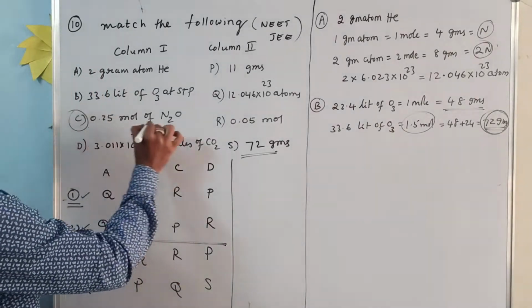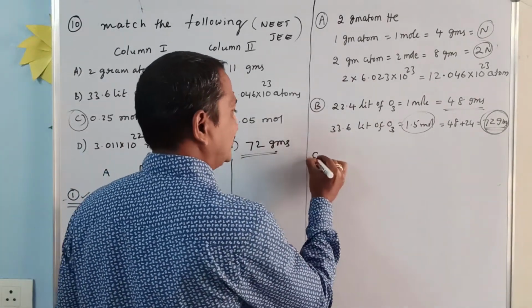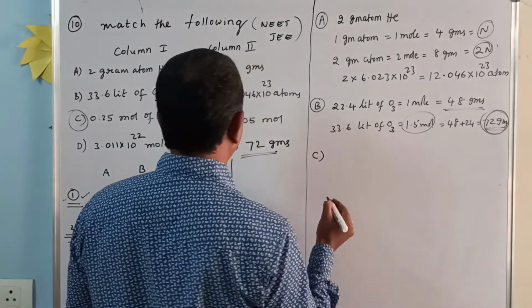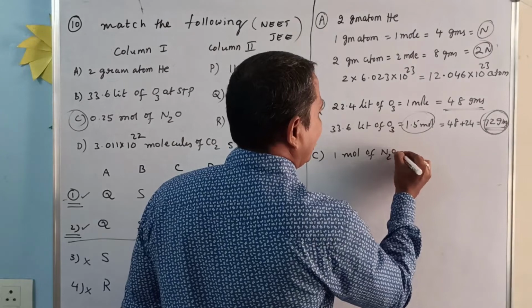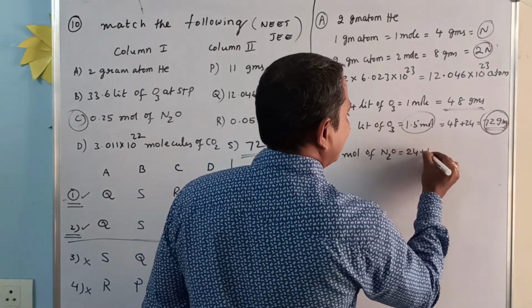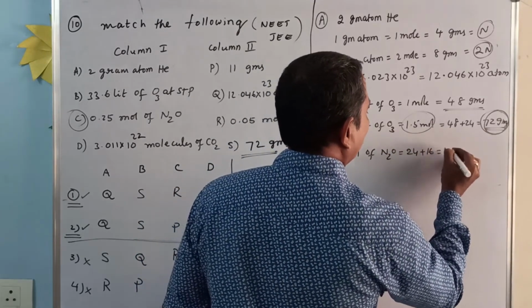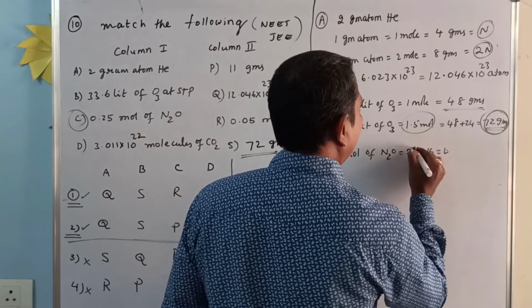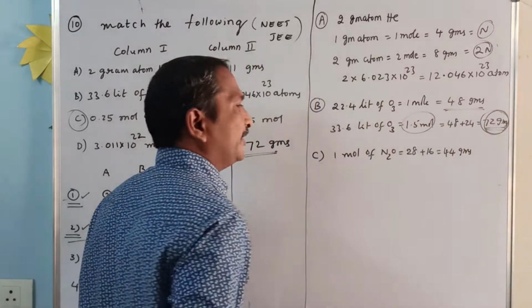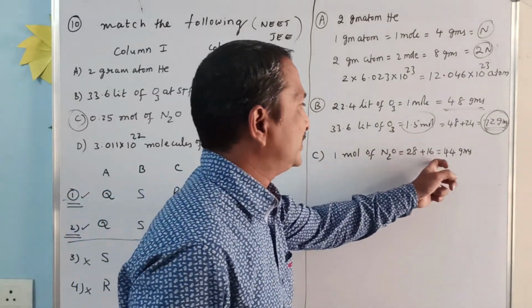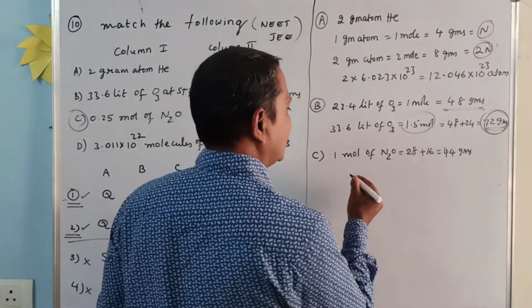C. 0.25 mole of N2O. 1 mole of N2O is equal to 28 plus 16, that is equal to 44 grams.